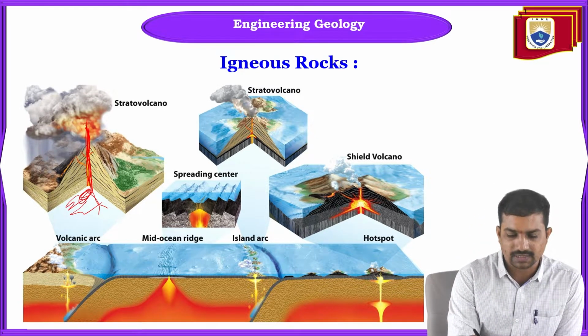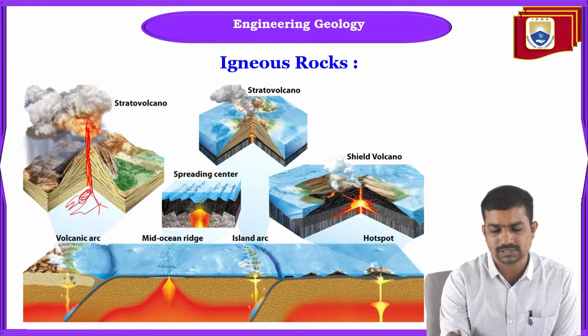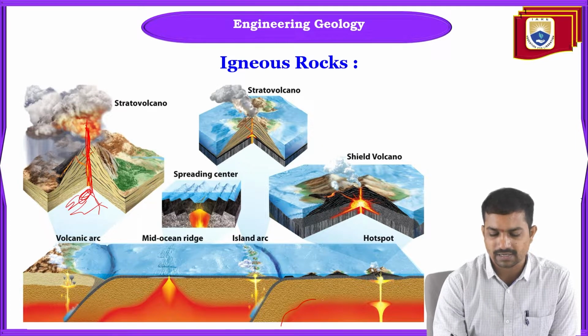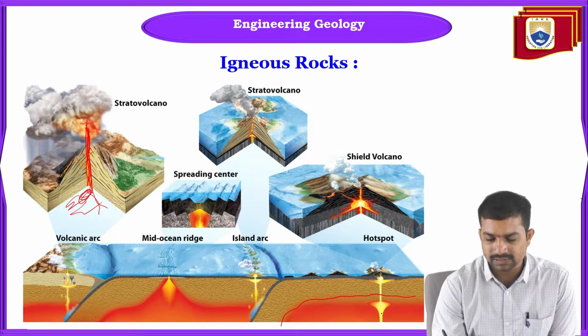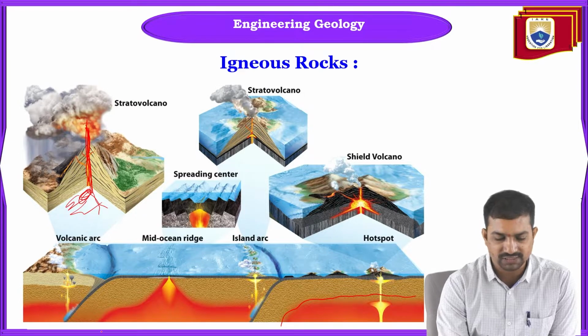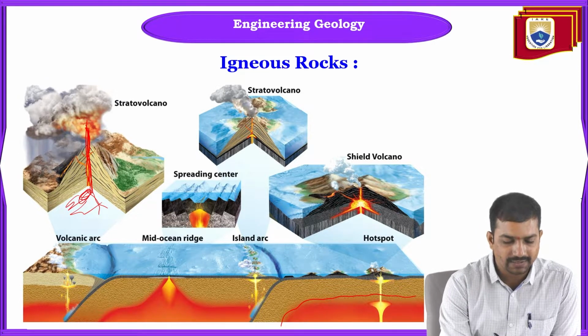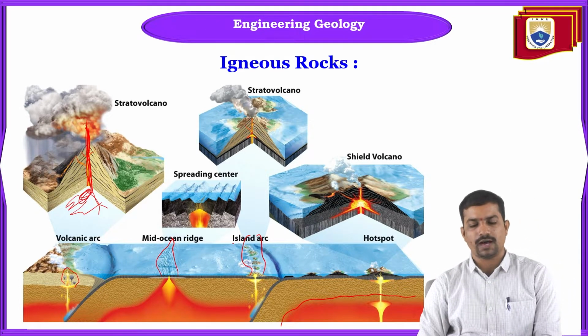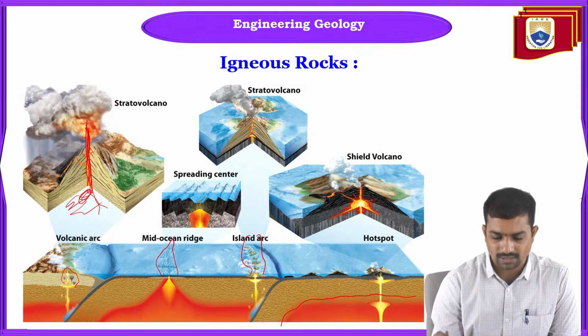So these are various spreading centers, shield volcano, stratovolcano, etc. We can see here the earth crust has a lot of mass which is boiling here, and here it is coming onto the earth surface. We can also see some earth mass coming onto the ocean floor.